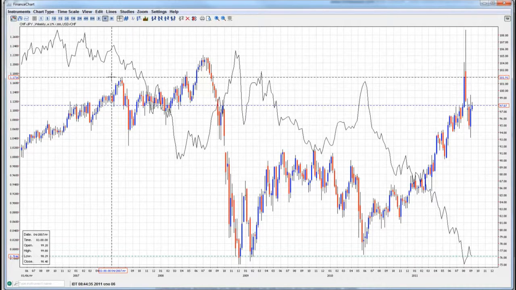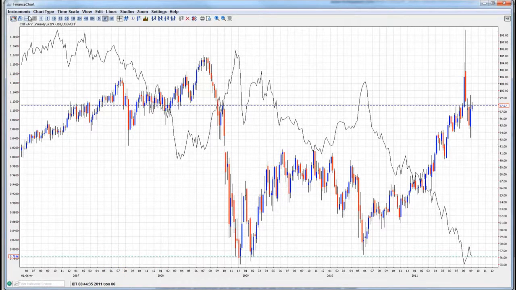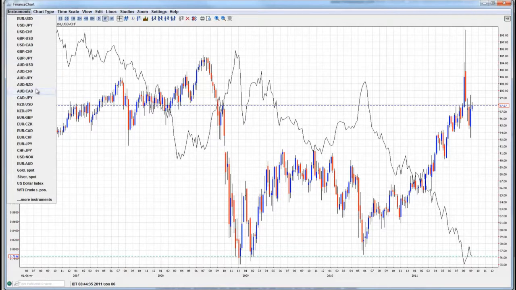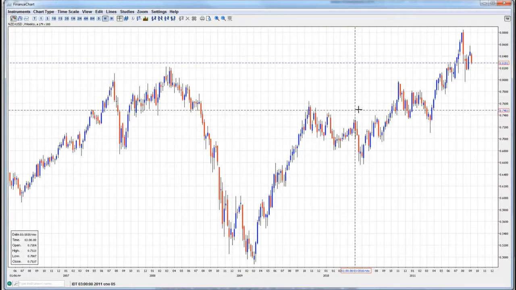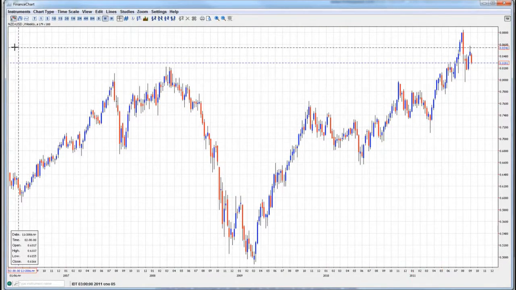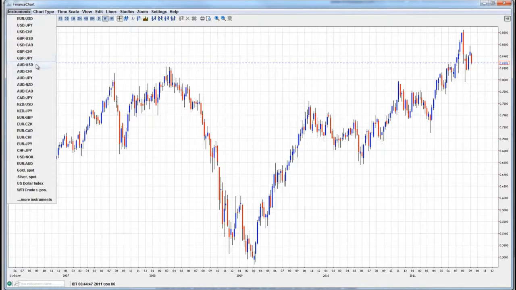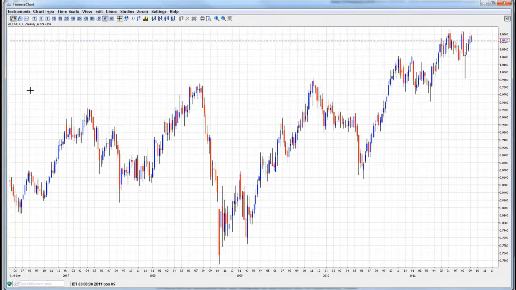What the Aussie reflects to the market. Why the Aussie is actually the same pair as the Kiwi most of the time. What is the relation between the Aussie CAD and the Aussie dollar? Why the Aussie is stronger than the Canadian and weaker than the Canadian. If you want to understand this issue, you want to take this particular workshop.